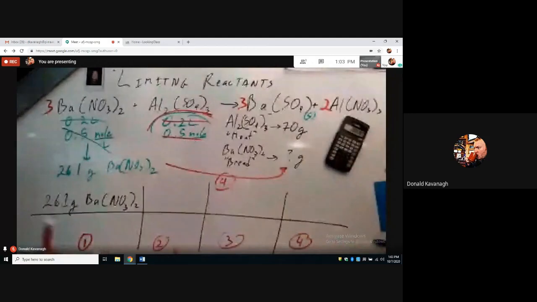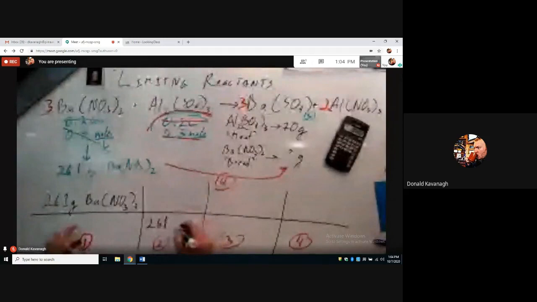Step 2 is adding this formula up from the periodic table. 1 barium, 2 nitrogens, 6 oxygens, 261 grams per mole.